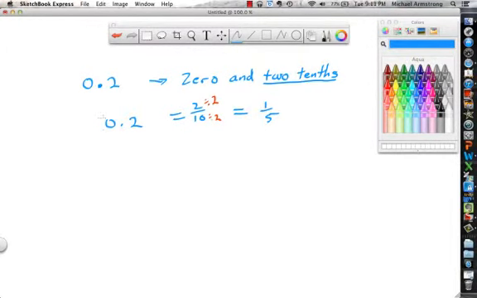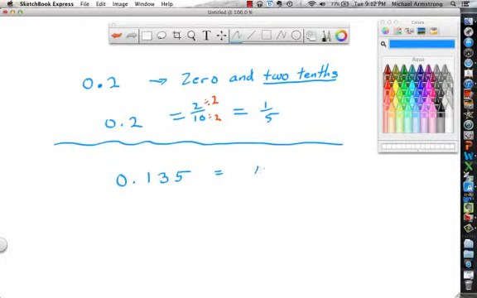So with this in mind, 0.2 is 2/10, 0 and 2/10. You just have to make sure that you're able to read every problem in the long form. For instance, this complicated one here, 0.135. Well, this is really 0 and 135 thousandths, with the tenths place, hundredths place, thousandths place.